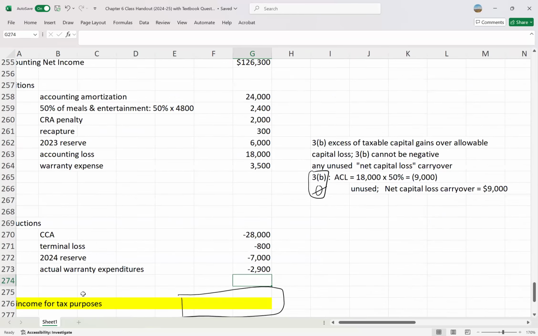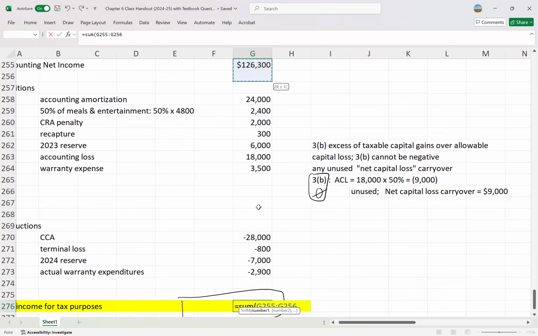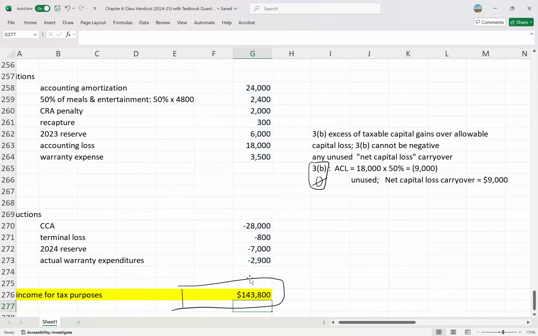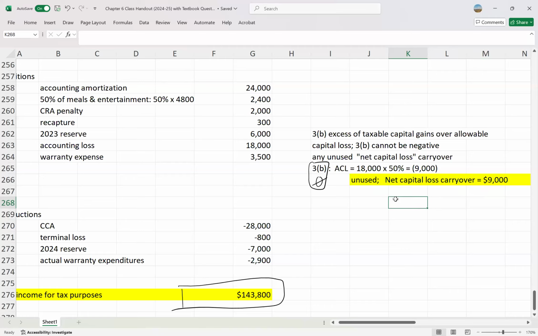And so what we would do then is just total up this column here, starting with our accounting net income. And so we would get net income for tax purposes of 143,800. And then we would also have this net capital loss carryover of 9,000 that we could use in other years.